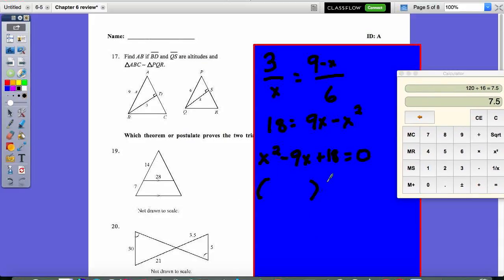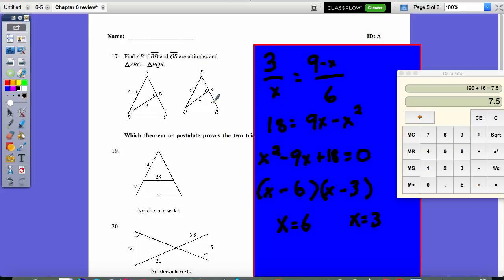I need two numbers that multiply to get positive 18 and add to get negative 9. So the answers are negative 6 and negative 3. When I set those each equal to 0, I get x can be equal to 6 or x can be equal to 3. If x is equal to 3, then these two triangles are congruent.